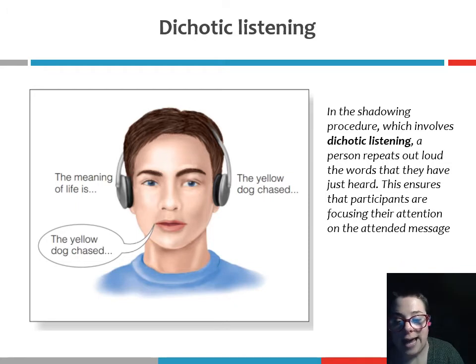That is the task that Broadbent devised to mimic the experience of air traffic controllers, and this is the paradigm that psychologists use to study selective attention.